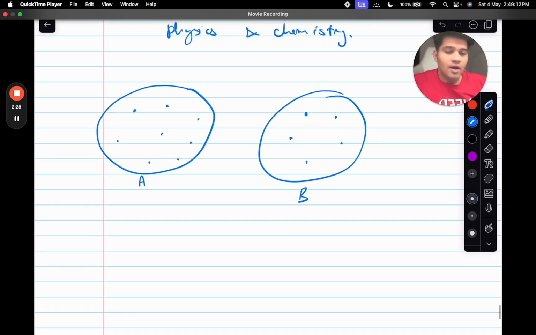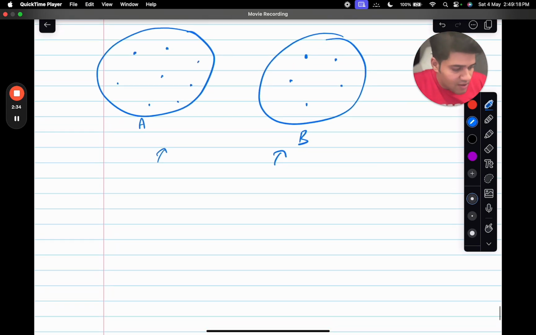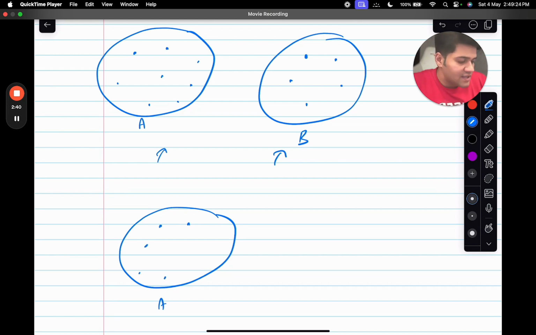So how do we represent that? To represent that, instead of making them separately, we would make them together. So this is A, and let me put 8 dots here, 1, 2, 3, 4, 5, 6, 7 and 8.